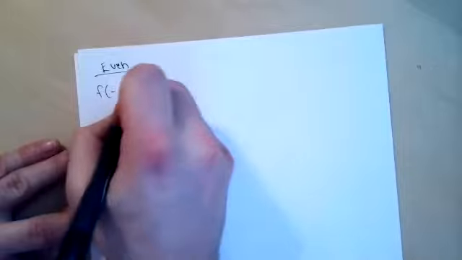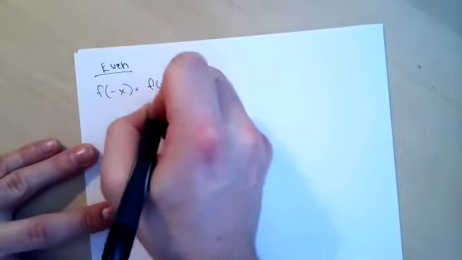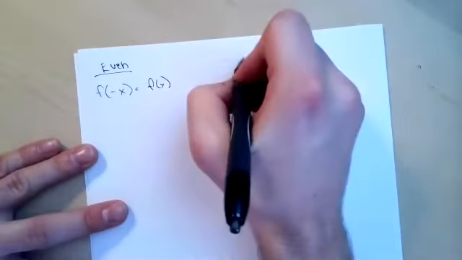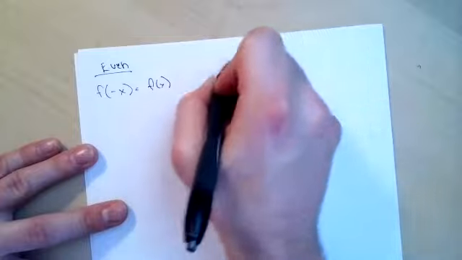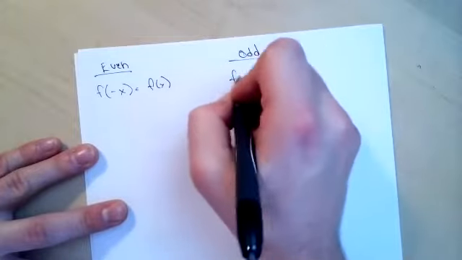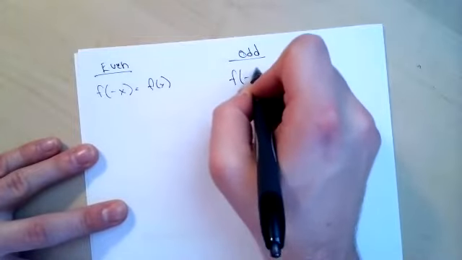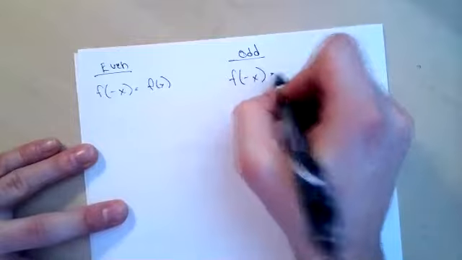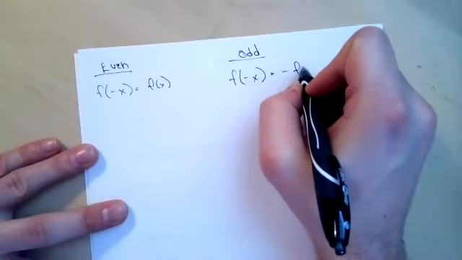So in that regard, that's going to be our even and odd functions. Even functions means that if I apply a horizontal flip, I get the same function. Odd functions are functions where if I apply a horizontal flip, it's actually the same as applying a vertical flip.